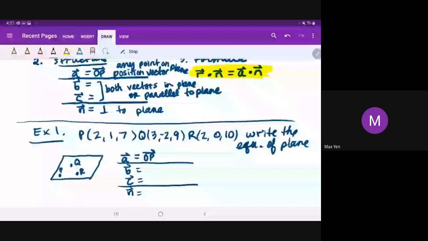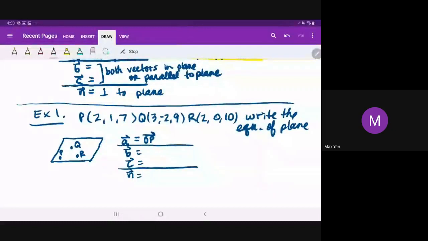Okay. Now, what do you think B is? Any ideas for B? I need a vector in the plane or parallel to the plane. I feel like I can make a vector in the plane because there are no points floating above, parallel to the plane. Anybody have an idea of what B could be? Yes, I agree. So I'm going to make B PQ, and then I'm going to make C PR.